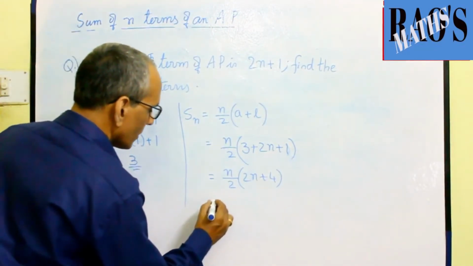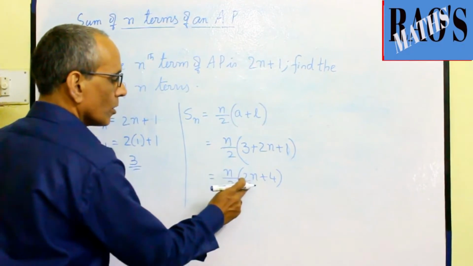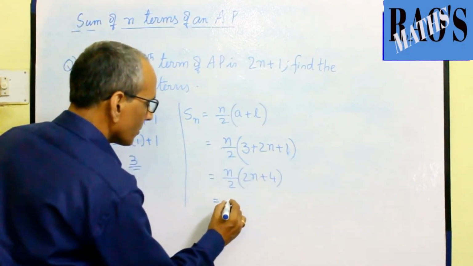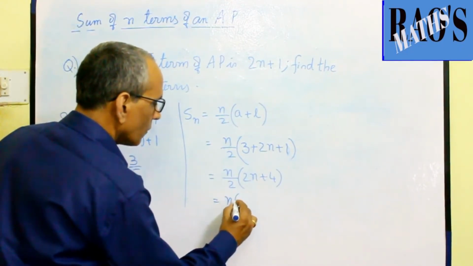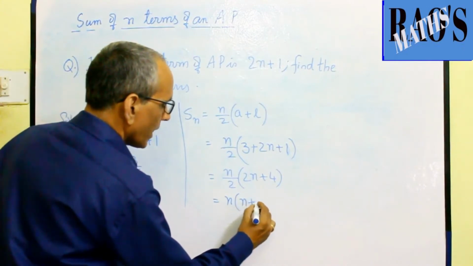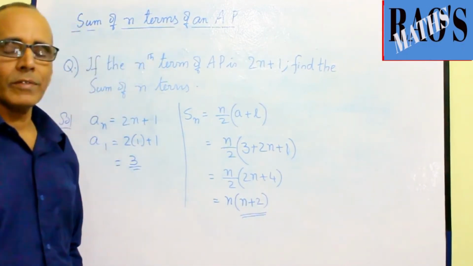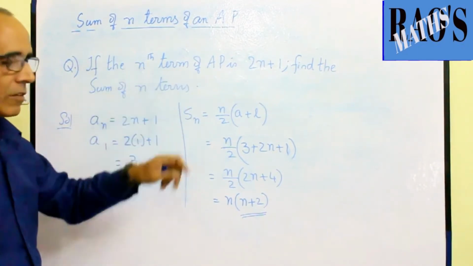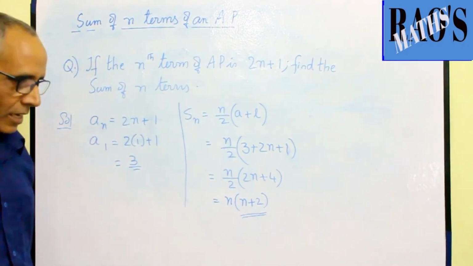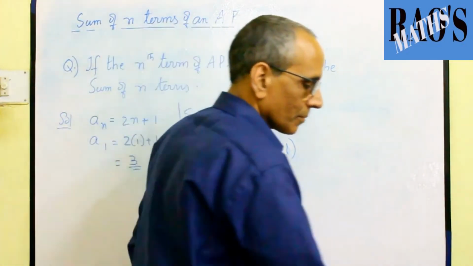So finally, this is n by 2 of both the terms, so that I get n of (n plus 2). This is the sum of the n terms for this sequence. Let's have some more questions.